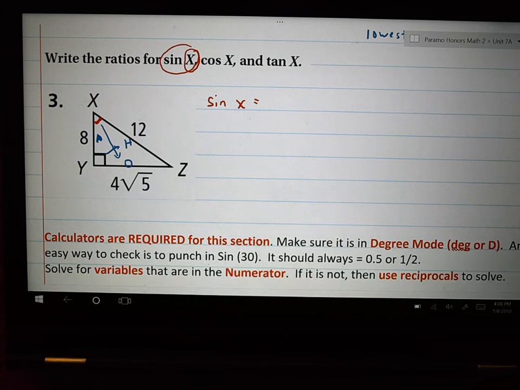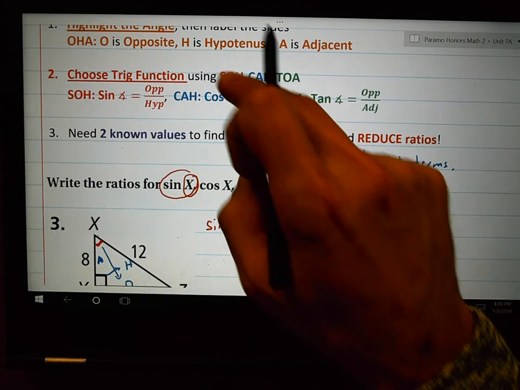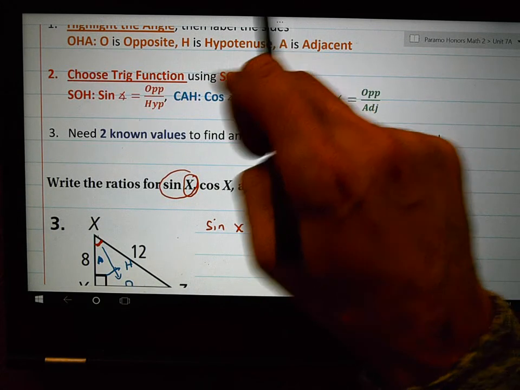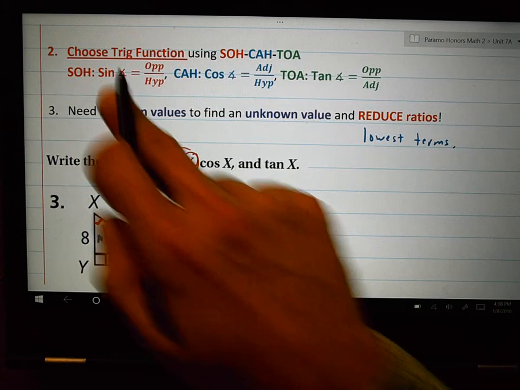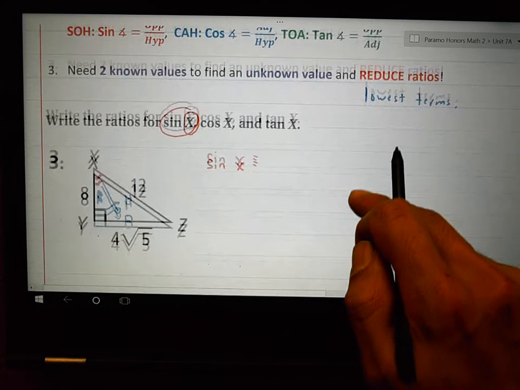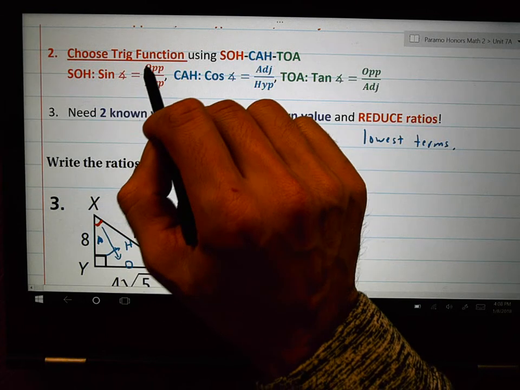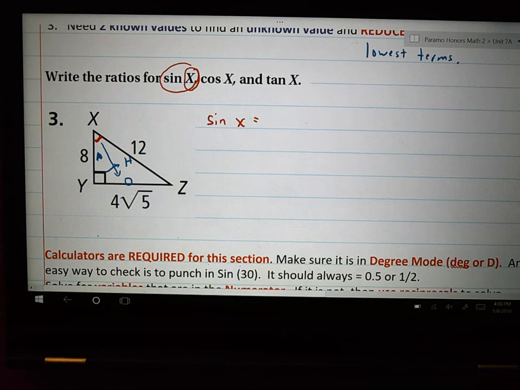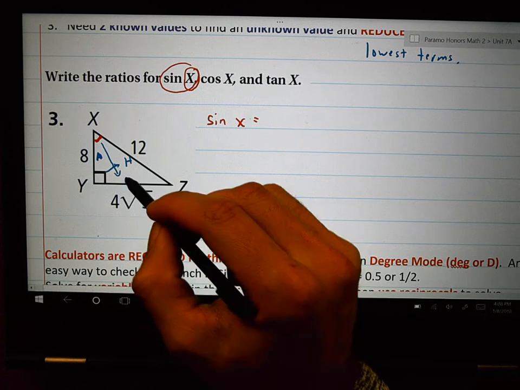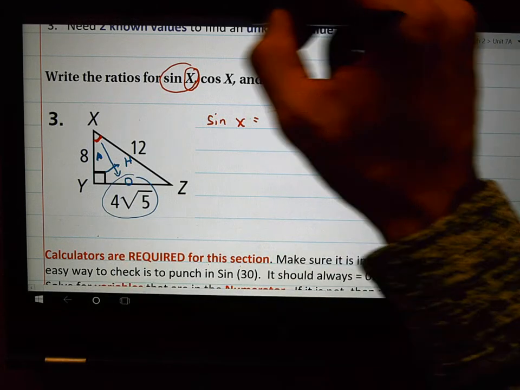We've done step 1. Step 2 says choose the trig function. Sine, cosine, tangent. I need the sine of x. Which one am I going to use? I'm going to use SO. What is SO? SO is the sine of the angle is the opposite over the hypotenuse. Come back down here. Which one's the opposite? It's right there. Let me go back to red.